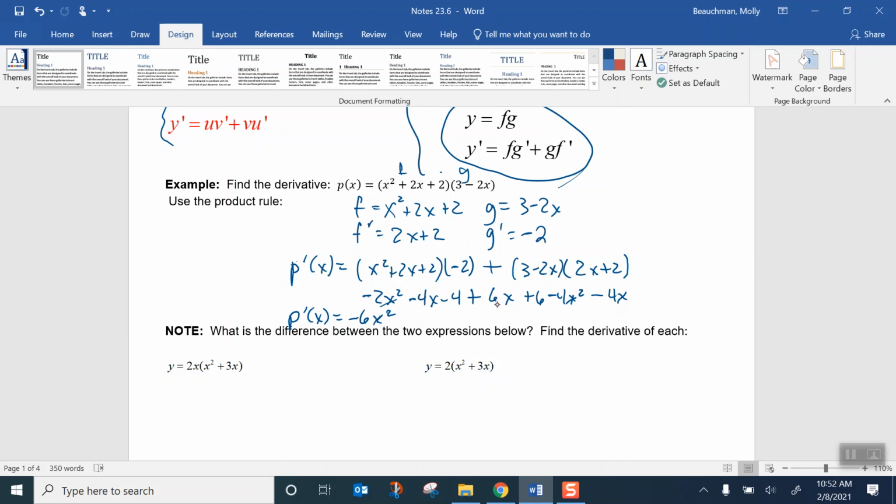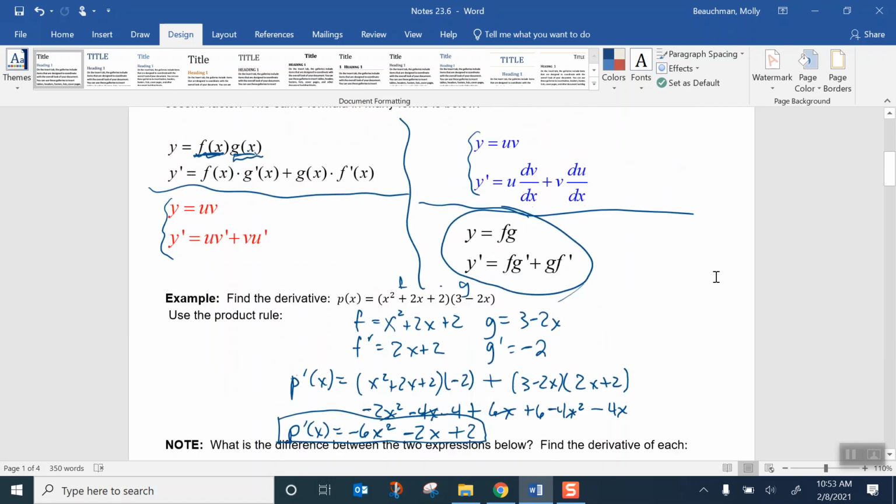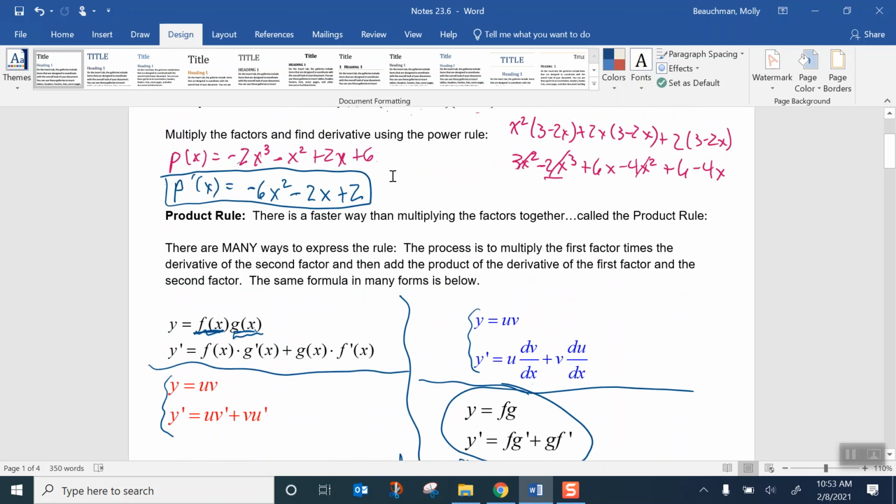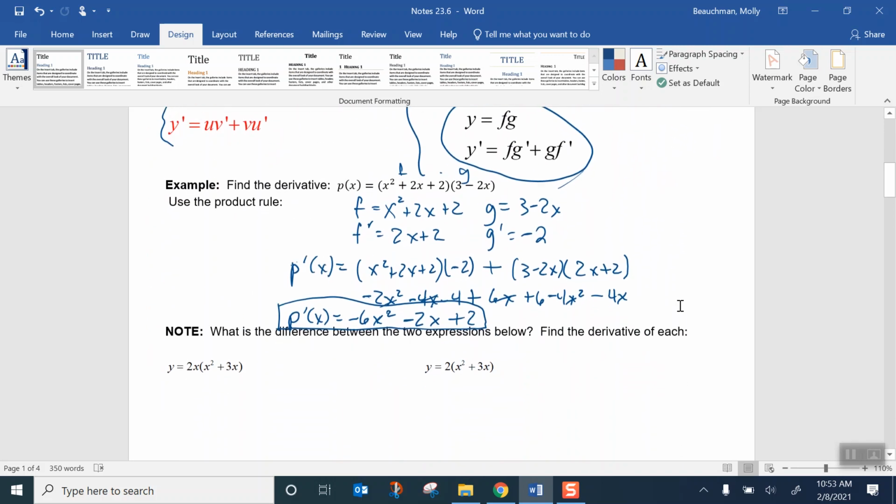Negative 4x plus 6 is plus 2x, minus 4 is negative 2x. And then adding constants, we have negative 4 plus 6 is plus 2. So we end up with exactly the same answer, but we use the product rule instead of multiplying the two expressions together to get a big polynomial.